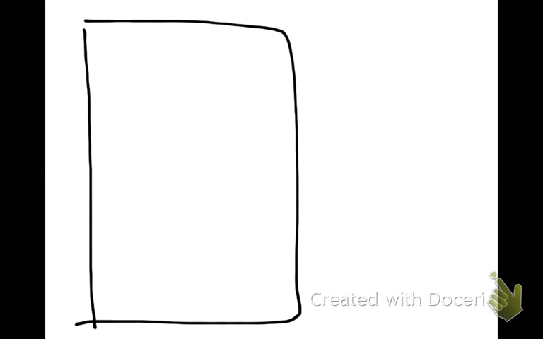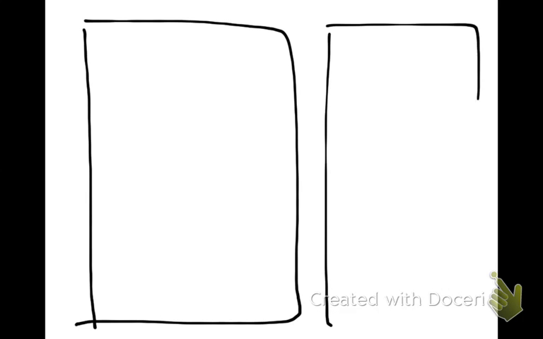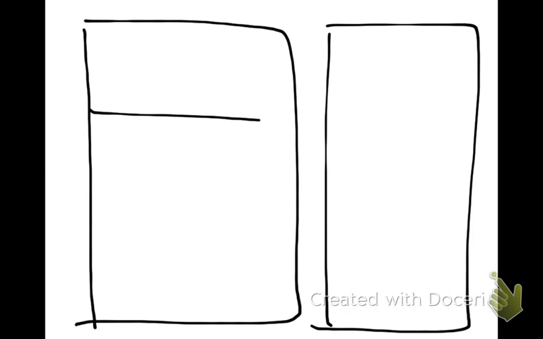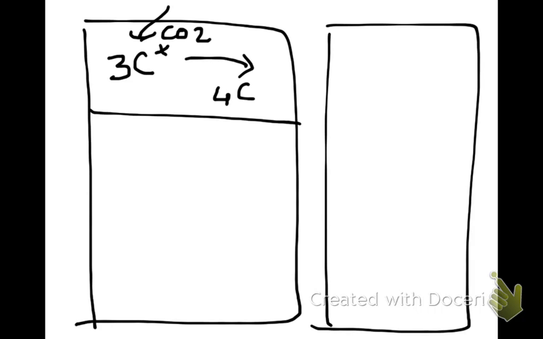Okay, so we'll talk about 2 different situations. Now here I have a 3-carbon compound. I have carbon dioxide into the picture. They become a 4-carbon compound. This 4-carbon compound releases carbon dioxide and becomes a 3-carbon and comes back here.